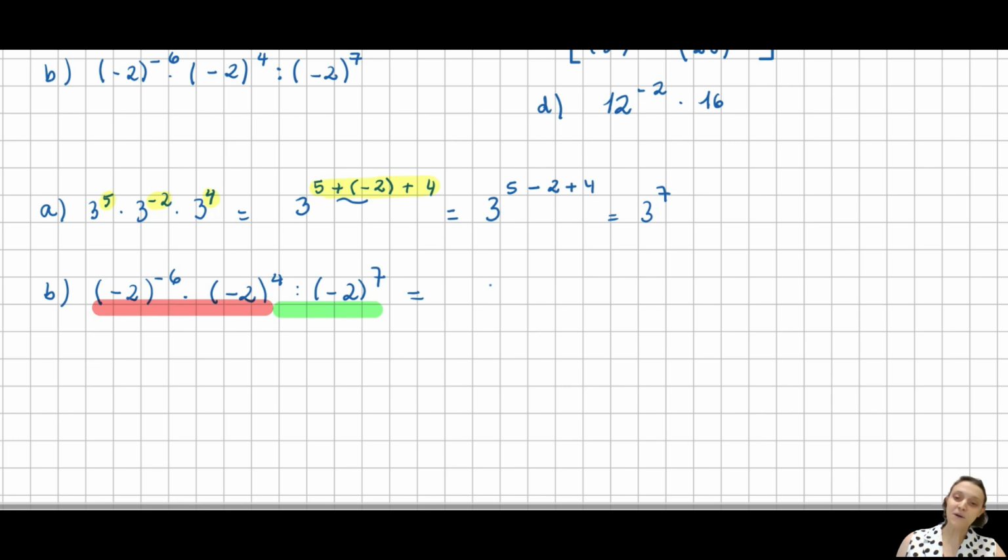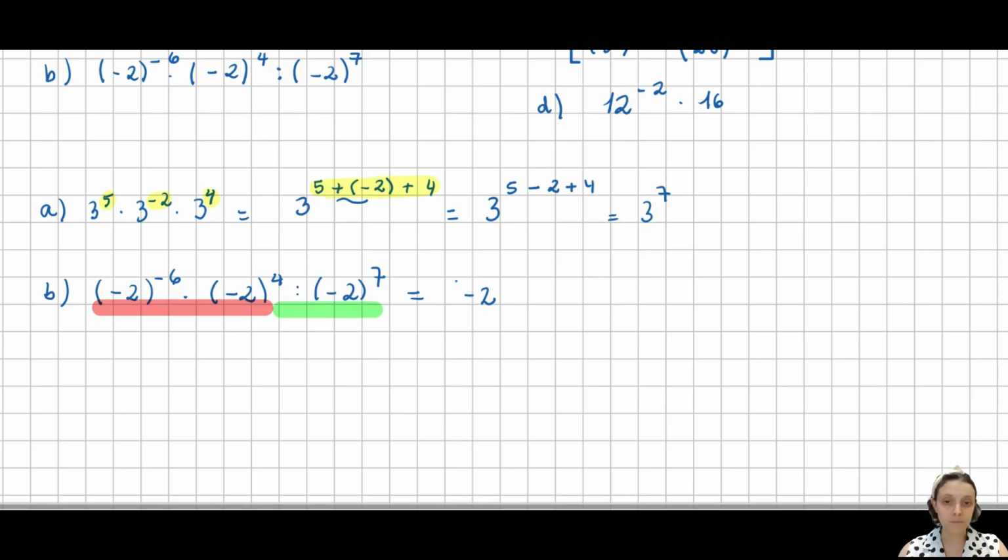naturally. So we have the red part, it's this -2 to the power of -6 times -2 to the power of 4. As they are multiplying and they are the same base, the only thing that we have to do is add the exponents.